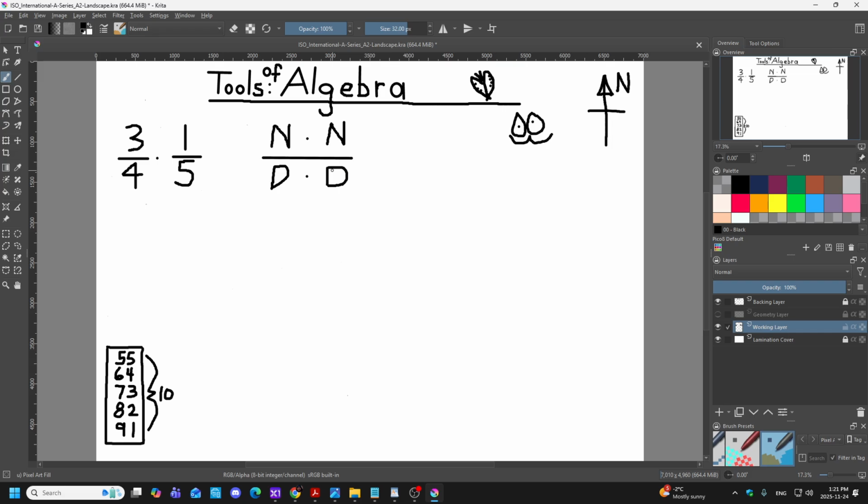The fraction line creates separation. Okay, so essentially you have a north and a south. Continuing on.